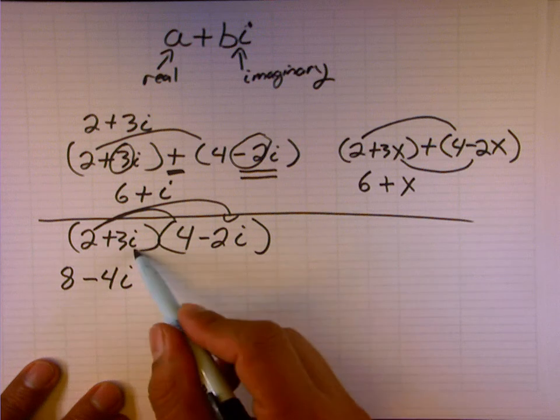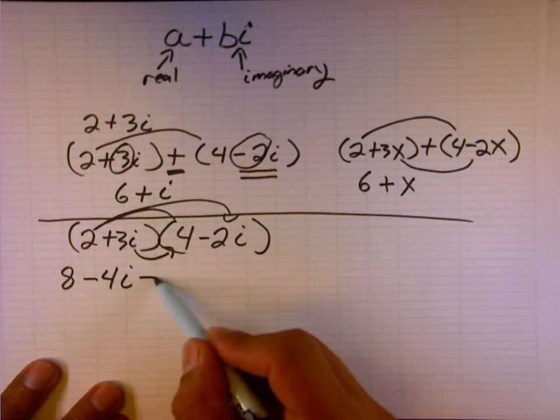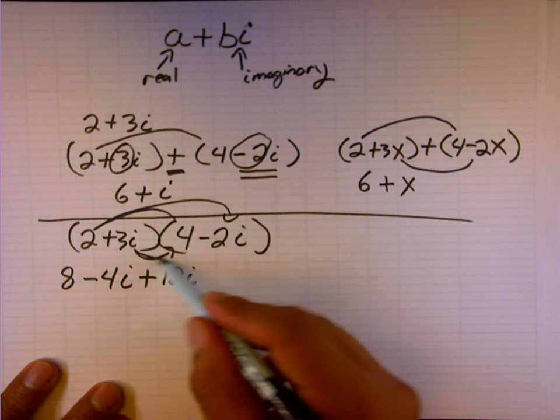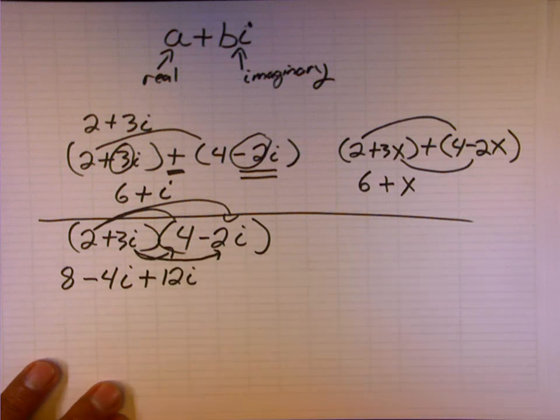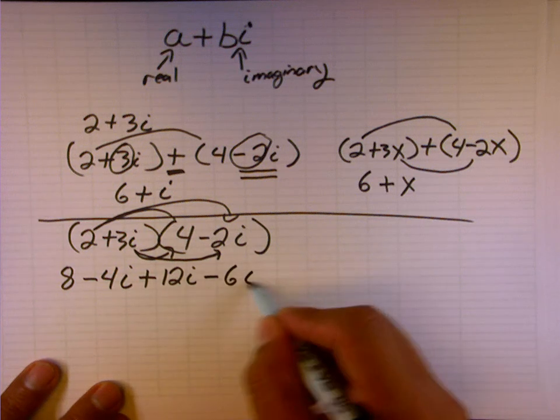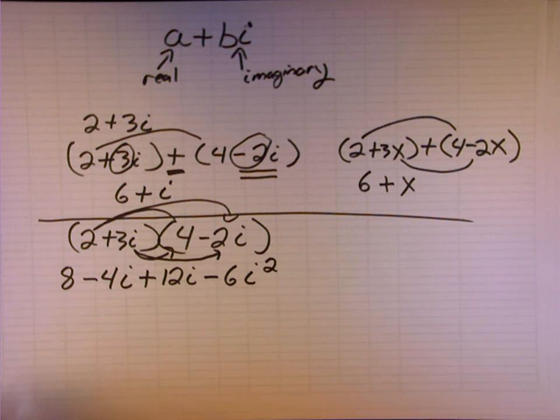I would take the 3i times the 4 and the 3i times the negative 2i, and I would handle it just mechanically at first like if it was a variable x, giving us a negative 6i squared.